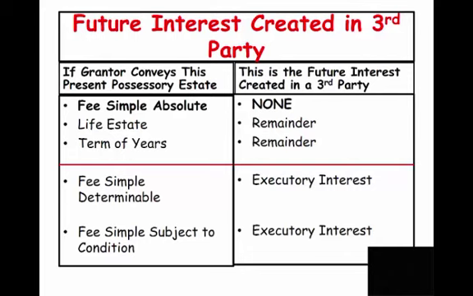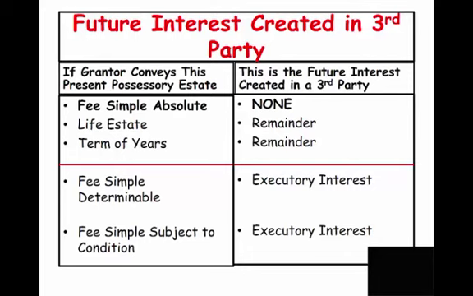It is the possibility of a third party taking the property either automatically or through a court process upon the occurrence of the triggering event. So the executory interest in a third party has the analogous role of a possibility of reverter or a right of reentry, which is the interest that would be retained by the grantor in creating a fee simple determinable or a fee simple subject to condition.